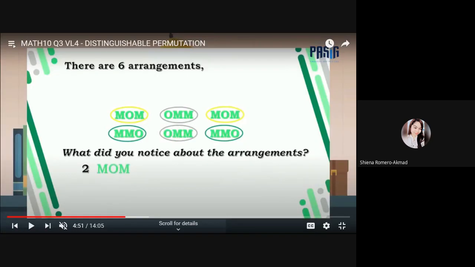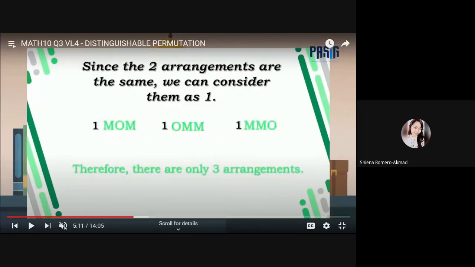So dahil meron tayong dalawang MOM, dalawang OMM, and dalawang MMO, dahil parehas naman sila, we can simply consider them as one. Okay? Kasi hindi naman natin kailangan na dalawa yung MOM kung pareho lang naman sila. Diba? So we eliminate those that are the same.